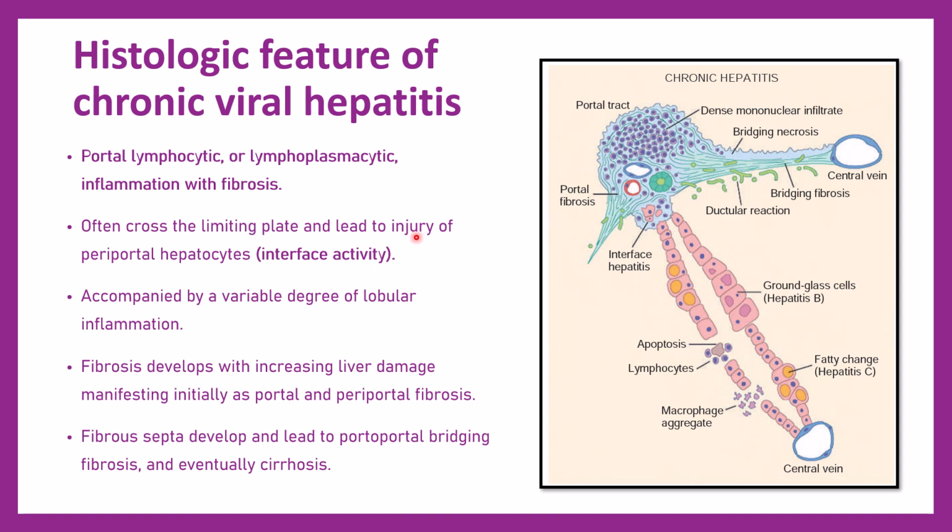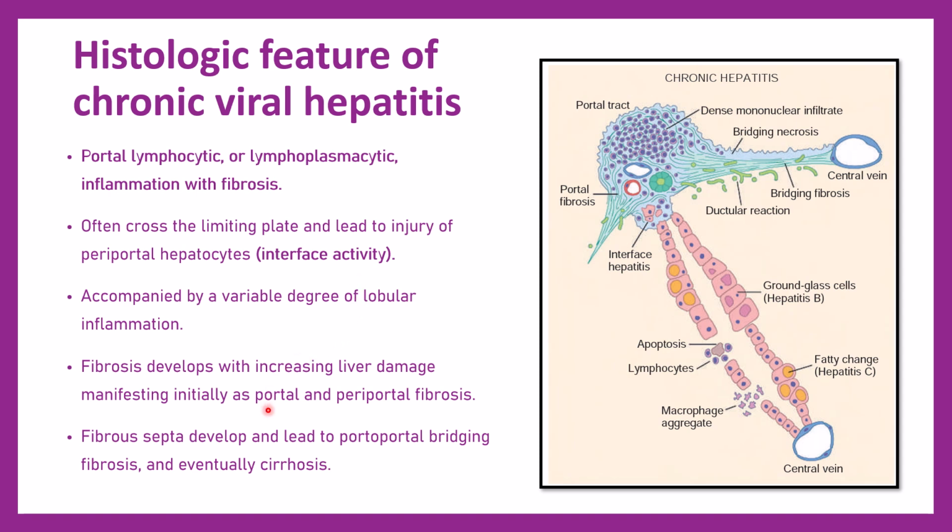In chronic viral hepatitis, the histological features would be dense portal lymphocytic or lymphoplasmacytic inflammation with fibrosis, and it often crosses the limiting plate and leads to injury of the periportal hepatocytes, which is called interface activity. And there will be fibrosis with increasing liver damage.